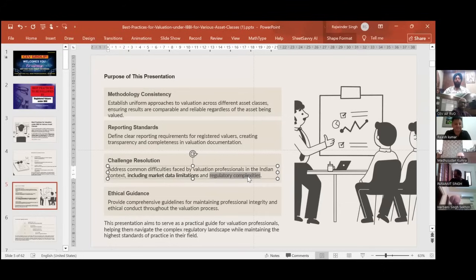Then we will discuss comprehensive guidelines for maintaining professional integrity and ethical conduct, which we should maintain during the entire valuation process. This presentation aims to serve as a practical guide for valuation professionals, helping them navigate the complex regulatory landscape while maintaining the highest standards of practice in their field.